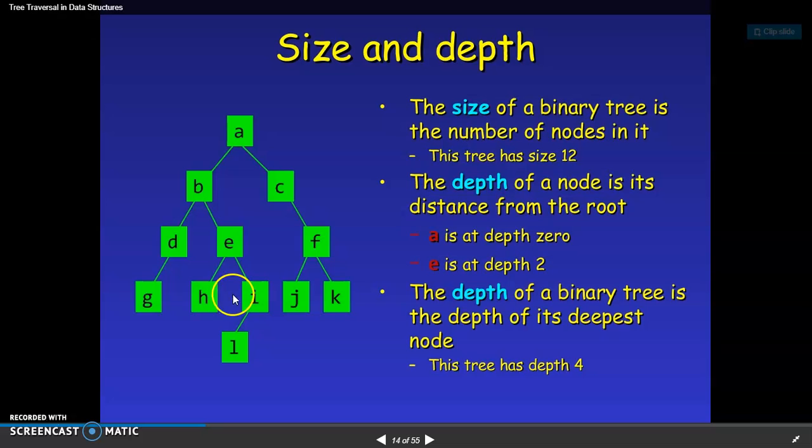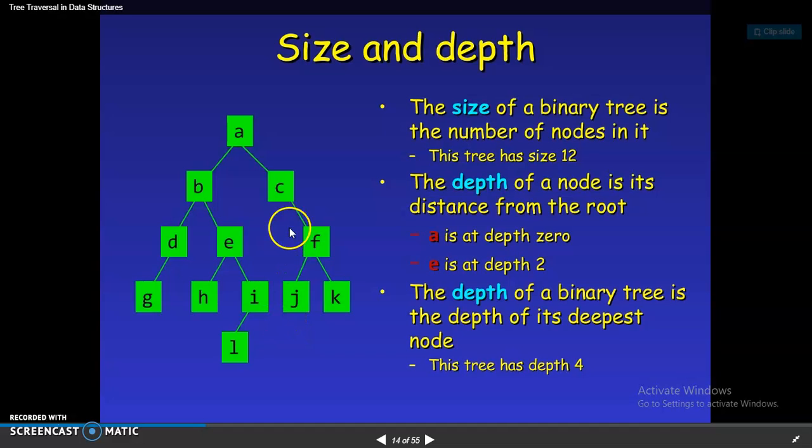So here in this example, the total nodes are 12: 1 2 3 4 5 6 7 8 9 10 11 12. 12 nodes. The depth of this tree: 1, 2, the second level of edges, 3, third level of edges, 4. 4 is the depth of this tree.